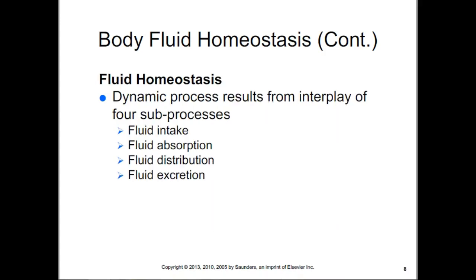Our fluid homeostasis is a dynamic process that results from the four things I mentioned here: fluid intake, which is what you consume; absorption of what you consume; distribution of what is absorbed; and then excretion. Usually you'll have a dynamic balance between what you take in and what you excrete.